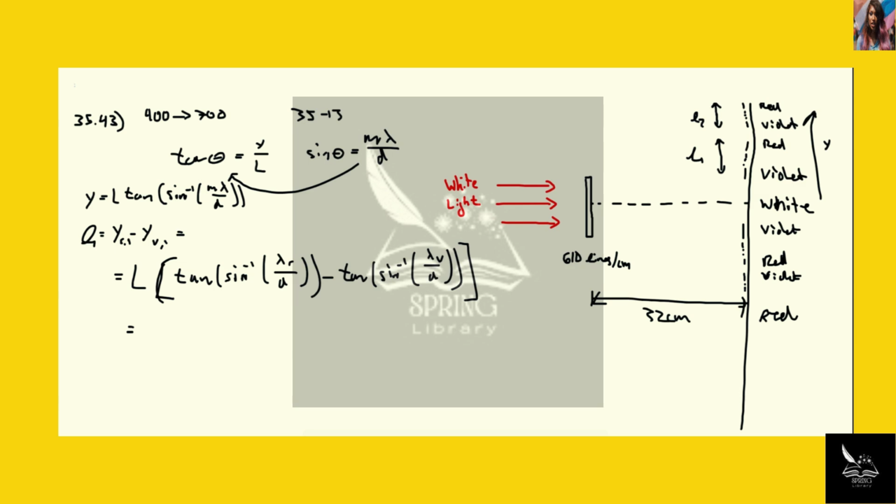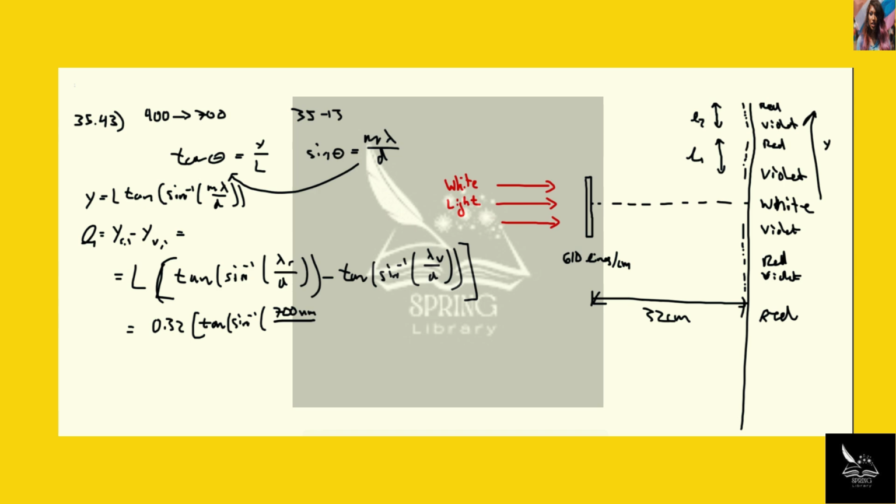So we just plug this in: 0.32 times tan inverse sine, where red light is 700 nanometers. And what is our d? We get 610 lines per centimeter.